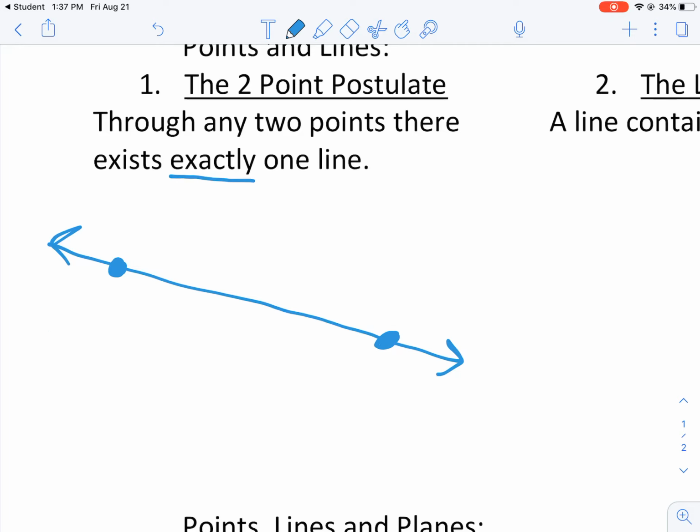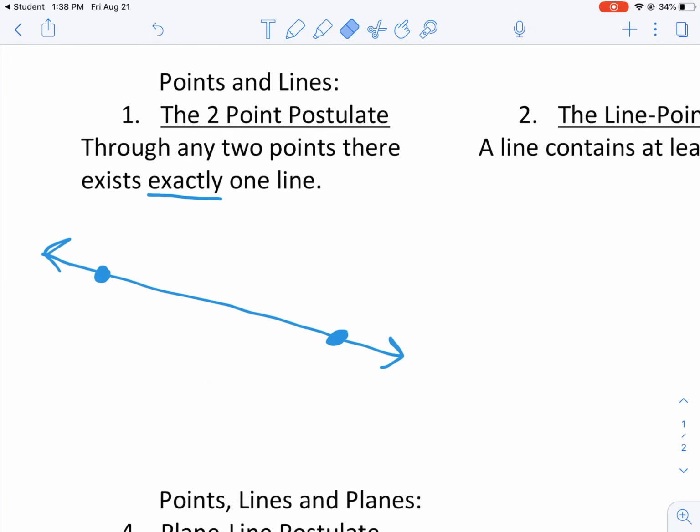So there's no other way for me to connect those 2 points straight without being the same line, right? If I go to that point, all of a sudden I'm right over top of the same line that I was. Now, obviously, I'm not drawing straight, but you get the point, right? So there's only exactly one line through any 2 points.